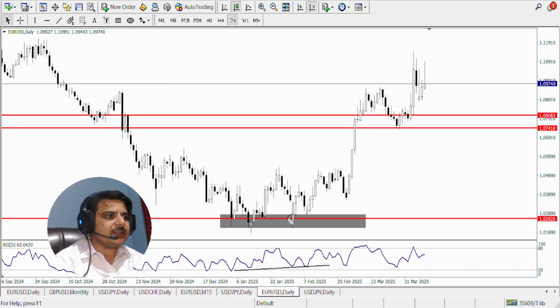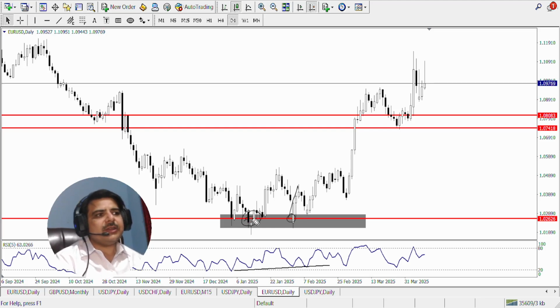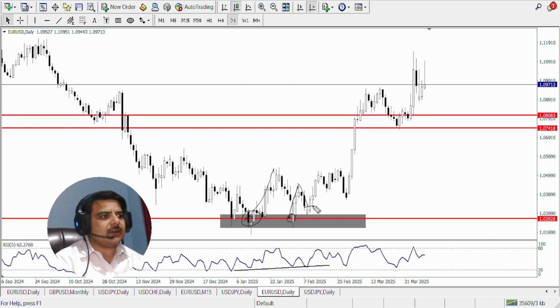From right here I assume it became bullish, because of this validation of the double bottom. So the double bottom was validated. Right here we did nothing, here we did nothing, but when it came back down, Fibonacci from here till here, and on the H4 this was a 61.8% retracement.